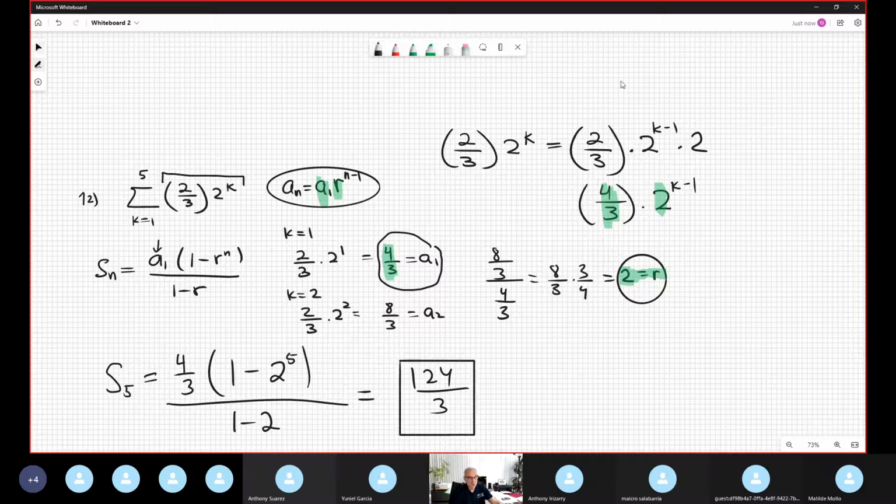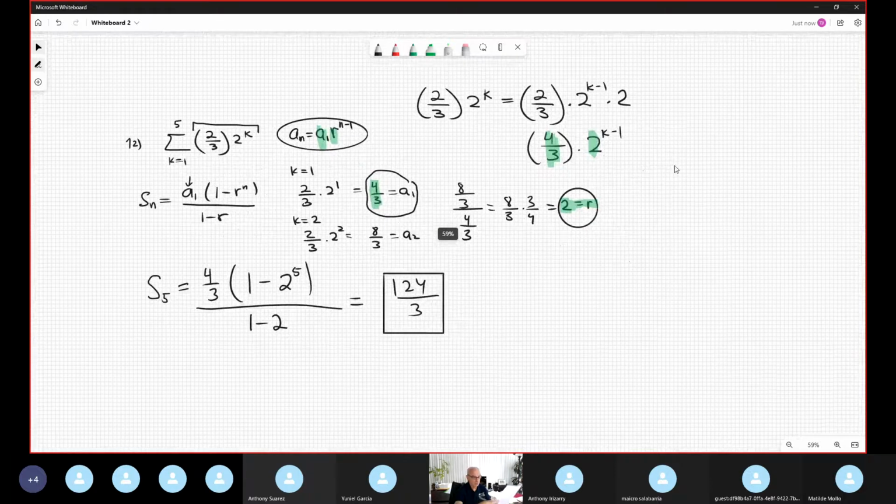Any question, guys? And number 12. This is find the summation in the geometric sequence, no?